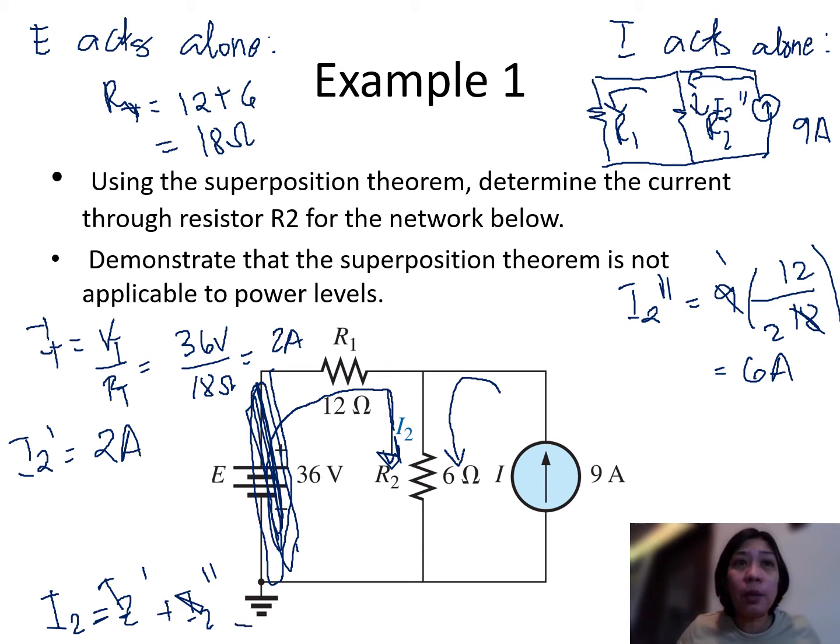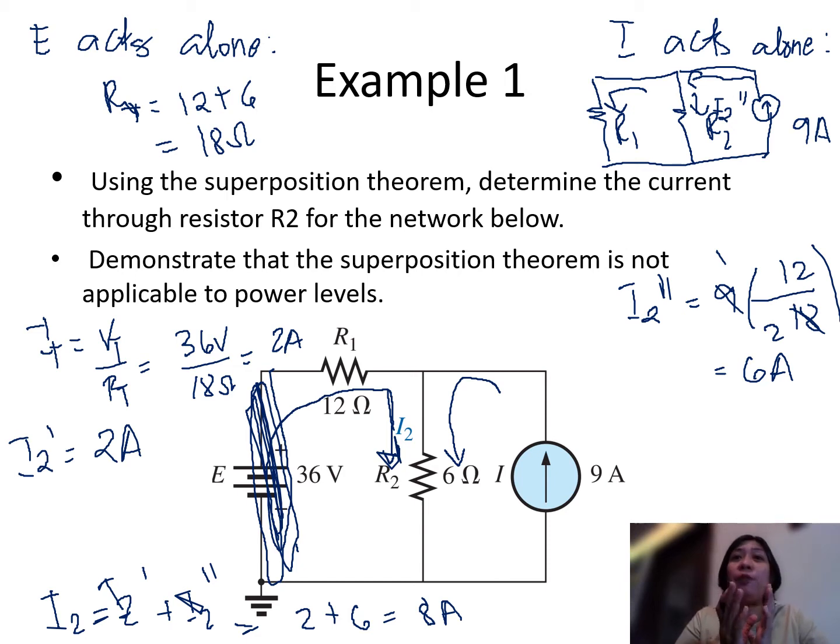So this is equivalent to 2 amperes plus 6 amperes. So I2 now, by joining the two values, is equivalent to 8 amperes. So that is how you apply the superposition theorem.